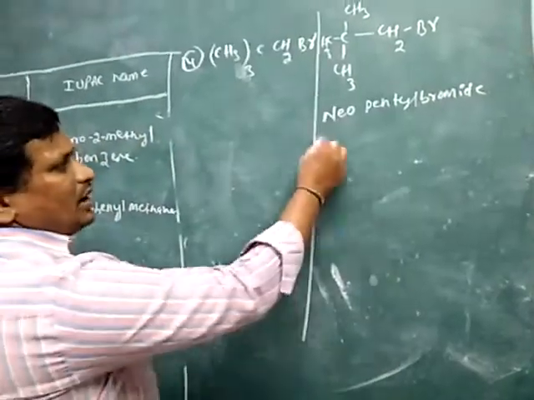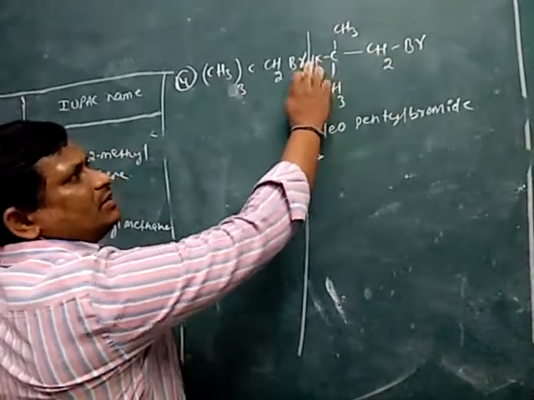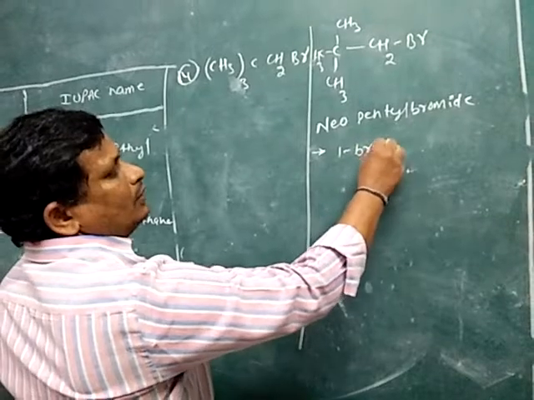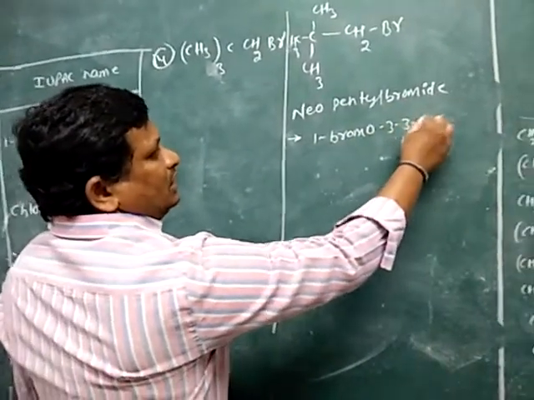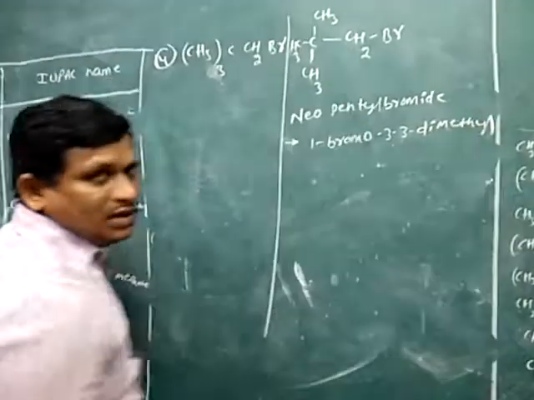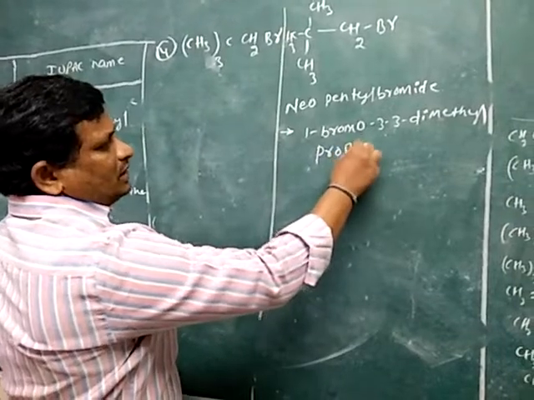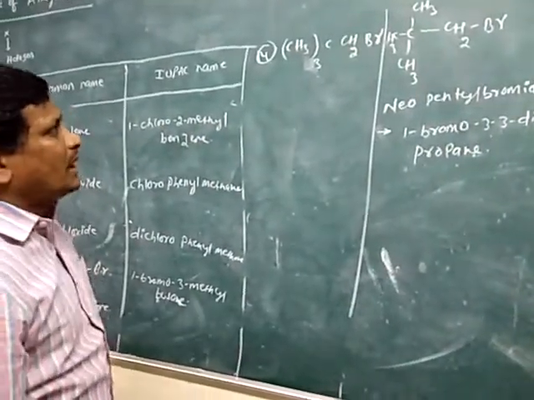Then its IUPAC name: first carbon, second carbon, third carbon, so 1-bromo-2,2-dimethylpropane.